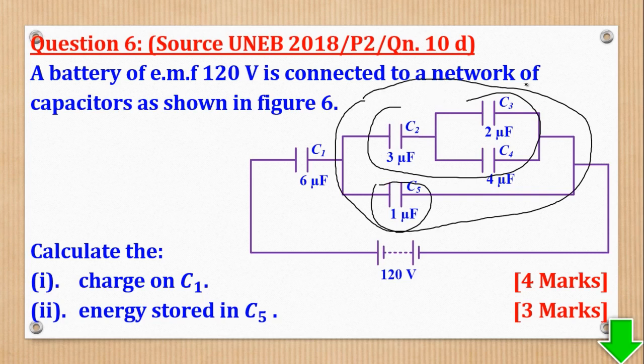If you are following, the whole of that is C8. So PD across C8 is the same PD across C5, because these two branches are in parallel, and the effective capacitance in parallel was C8.